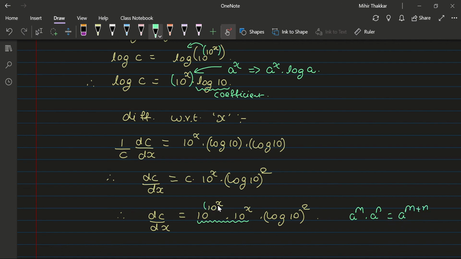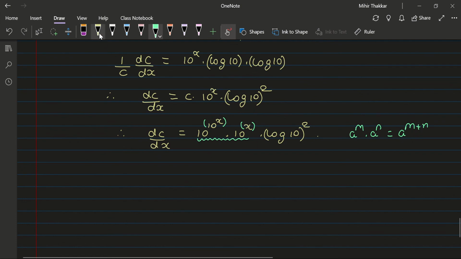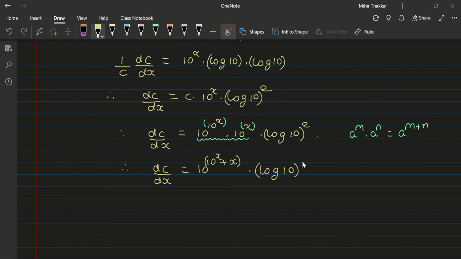So this entire is the value of m, and this is the value of n, and therefore dc by dx is equal to 10 raised to x plus x multiplied by log 10 the whole square as equation number 4.